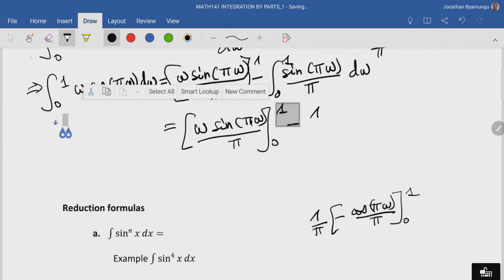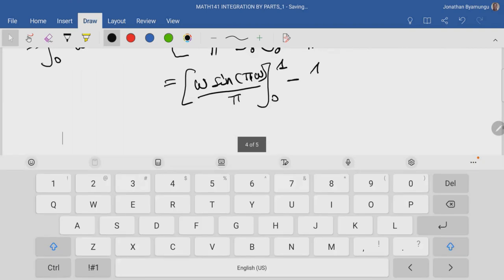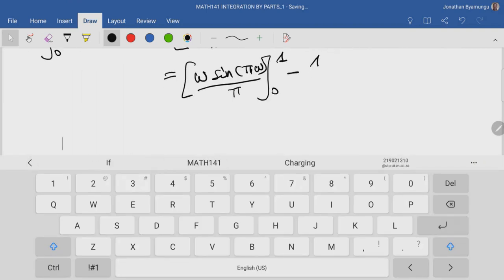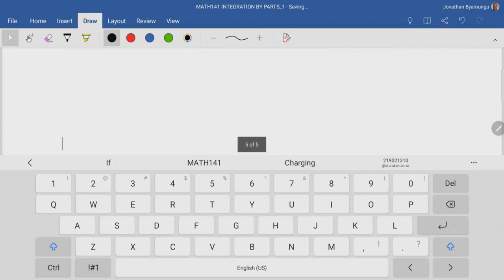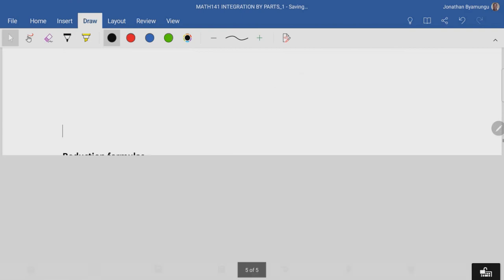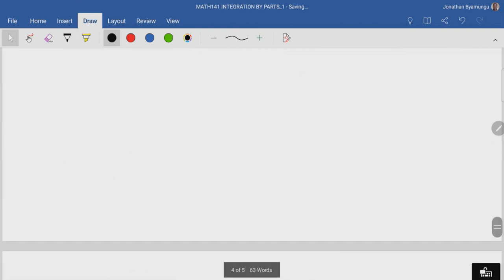Right. So let's make some more room here.